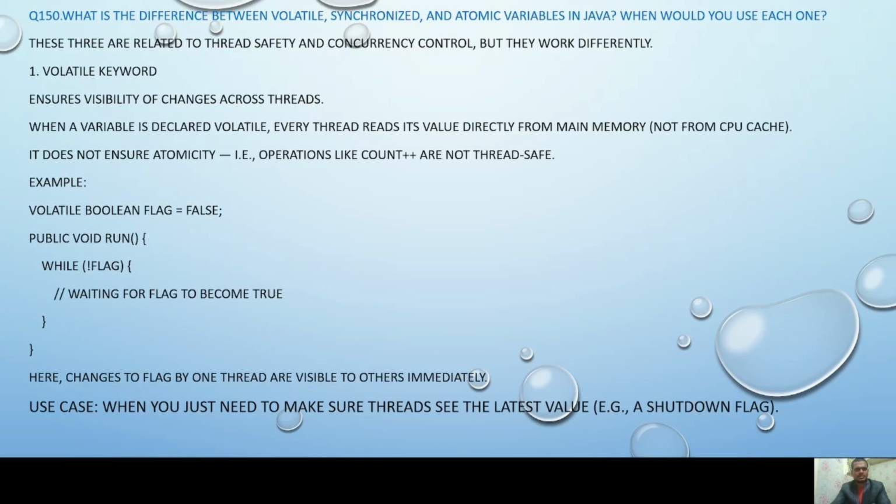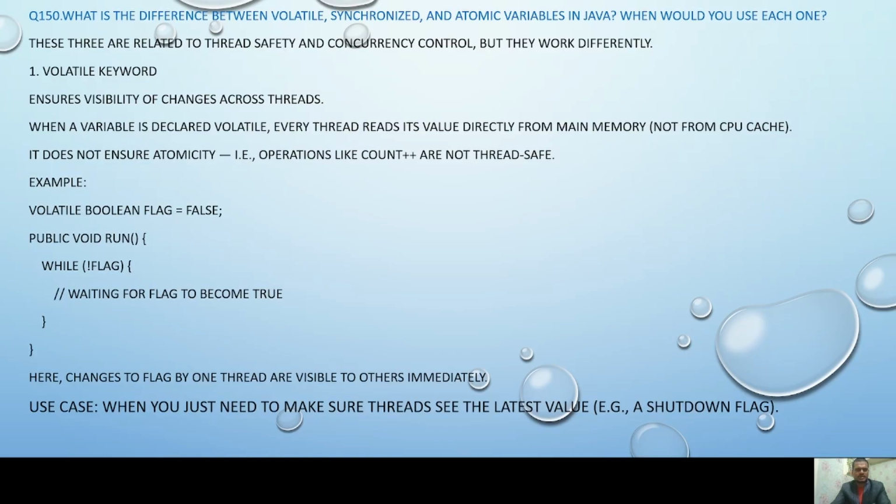Next question. What is the difference between volatile, synchronized and atomic variables in Java? When would you use each one? These three are related to thread safety and concurrency control, but they work differently. The volatile keyword ensures visibility of changes across threads. When a variable is declared volatile, every thread reads its value directly from main memory, not from CPU cache.